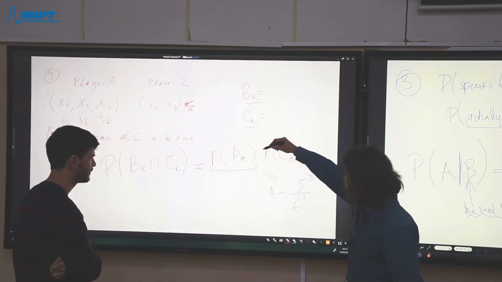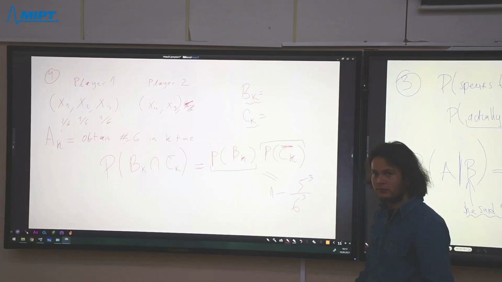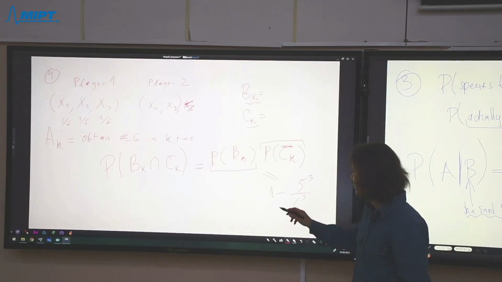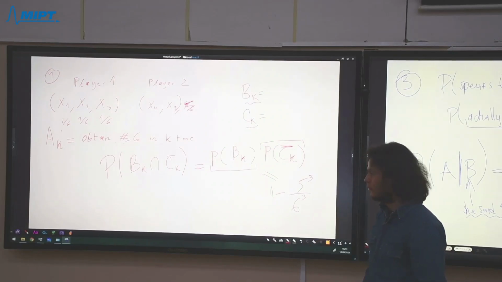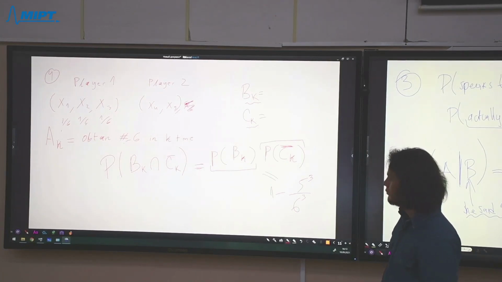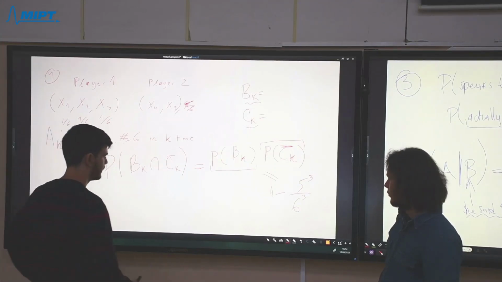That's 1 minus 5 over 6 cubed, which is the probability of getting 6. But we don't know on which roll he got that 6. If we got it on the kth roll, then it's 5 over 6 to the power k minus 1.